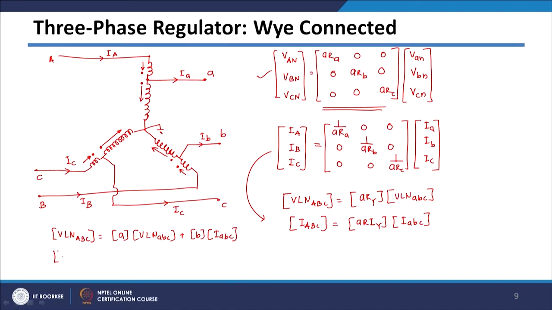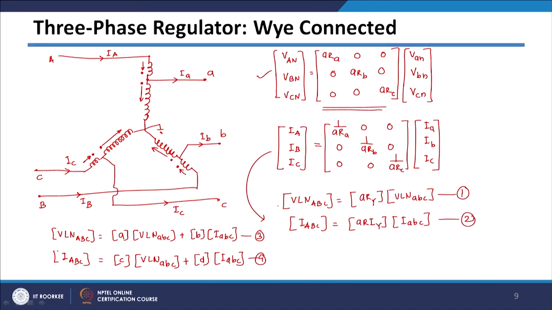And another equation which you have seen, I capital ABC will be equal to your C parameter matrix times VLN small abc plus your D matrix into I abc. Now, if you compare these, 1 and 2 and 3 and 4.